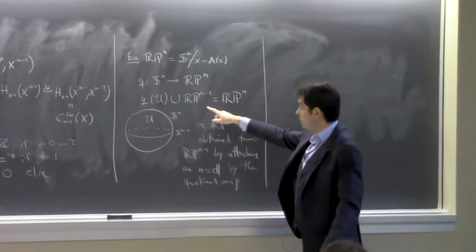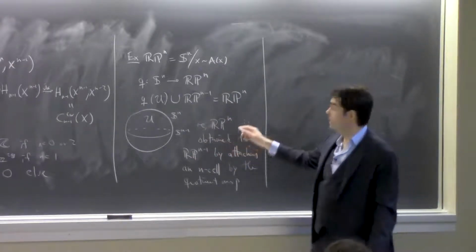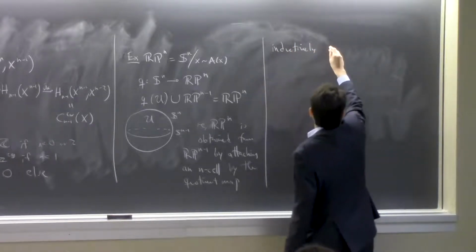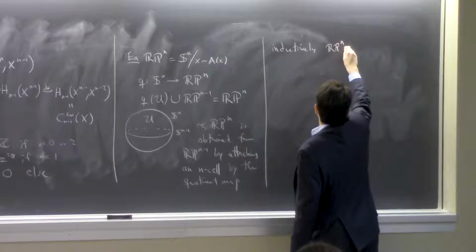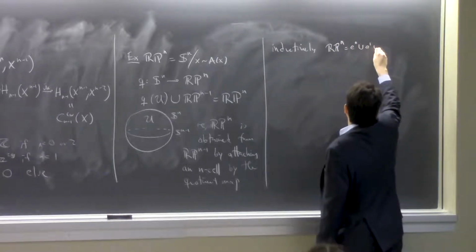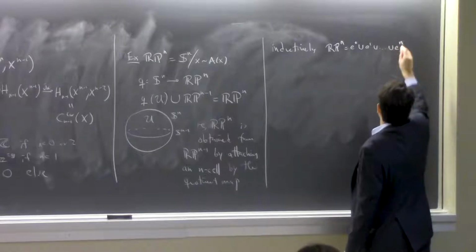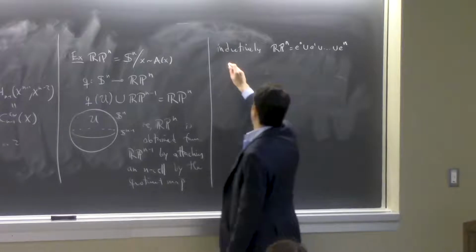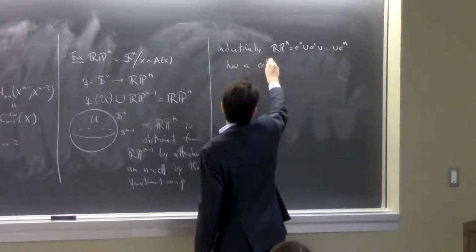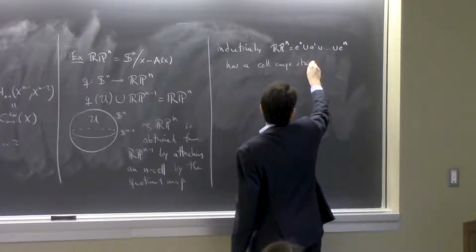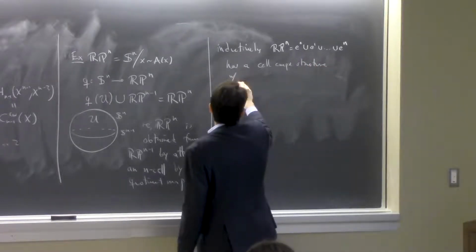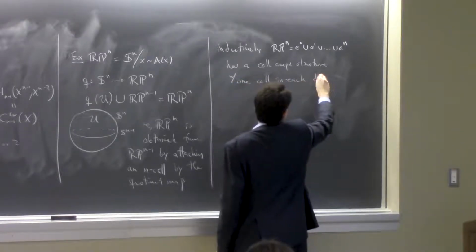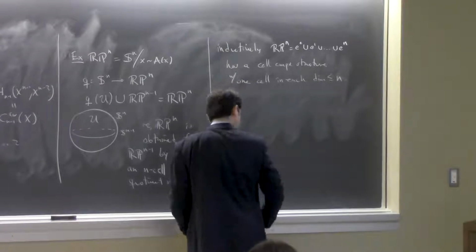But of course, with RPn minus 1, you could do the same thing with RPn minus 2. And so inductively, RPn has a cell complex structure with one cell in each dimension until you get to n.